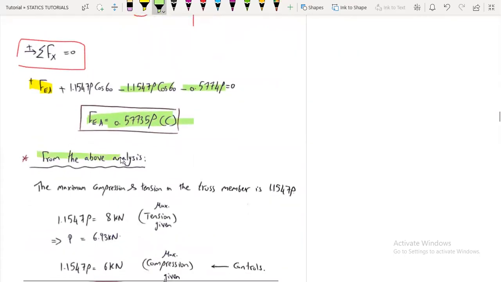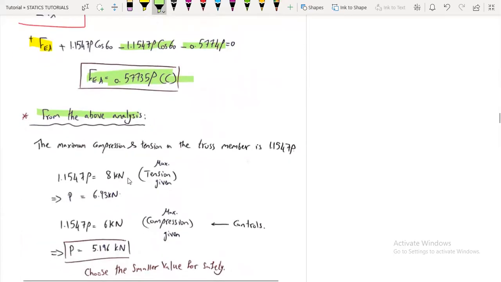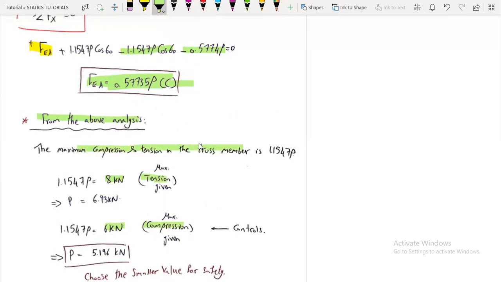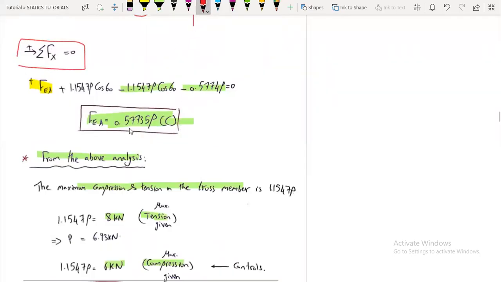Now, from the above analysis, remember we have to find P, correct? It's given in the problem that the maximum allowable limits for tension and for compression are 6 kilonewtons, correct? So what is the maximum compression and tension in the members? Here we have 0.5774P compression. First, let's begin with the tension forces, and we choose the higher tensile force as the critical one, because we are in the analysis stage, so we always design for the worst case.